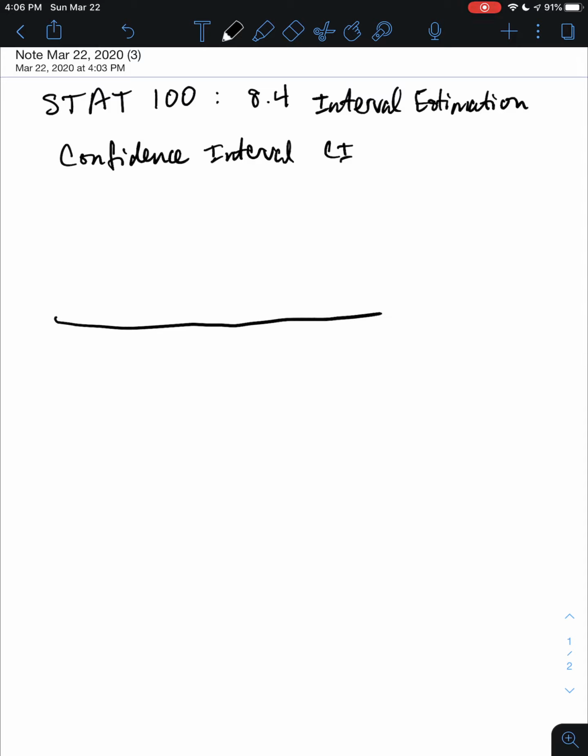Okay, so let's take a look at the situation we examined last section. We had a population mean mu somewhere on our x-axis, and now we take a sample of size n, and we average the sample, so we get x bar, and we do that a whole bunch of times.